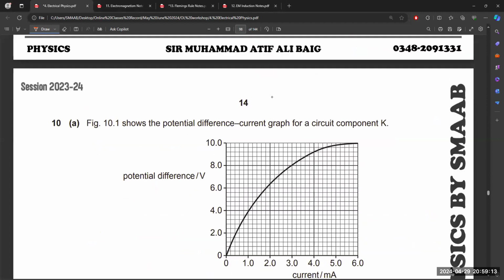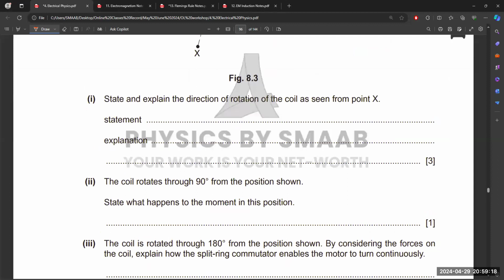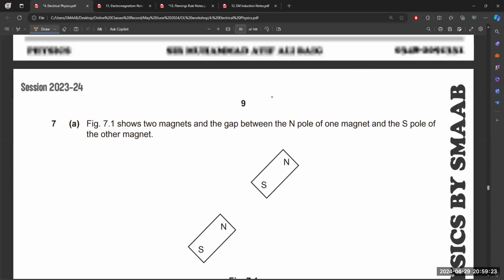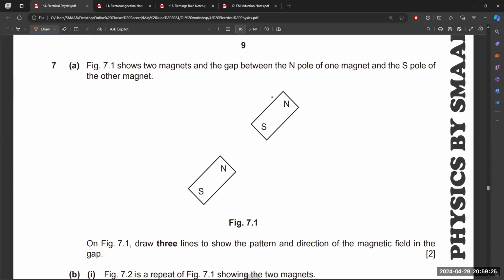Again, electric current. Yes, we have this question, DC motor, starting from here. Figure 7.1 shows two magnets and the gap between the north pole of one magnet and the south pole of the other magnet. Okay, so that is shown in the diagram.